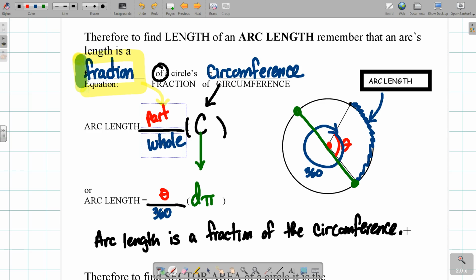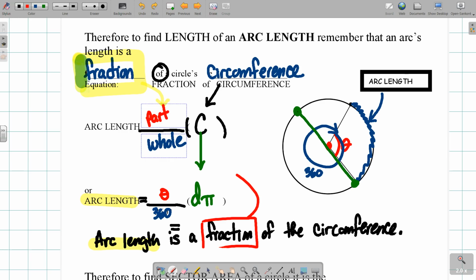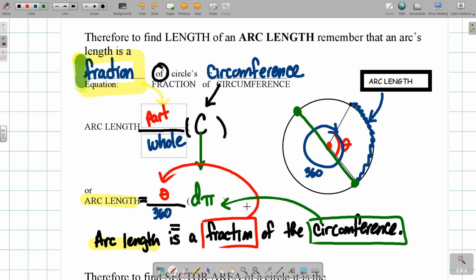Arc length is a fraction of the circumference. Arc length is, that's that equal sign, a fraction, that's that right there, of the circumference. That's that right there.